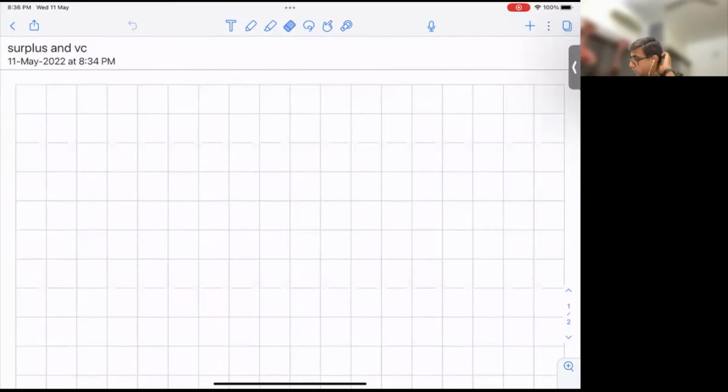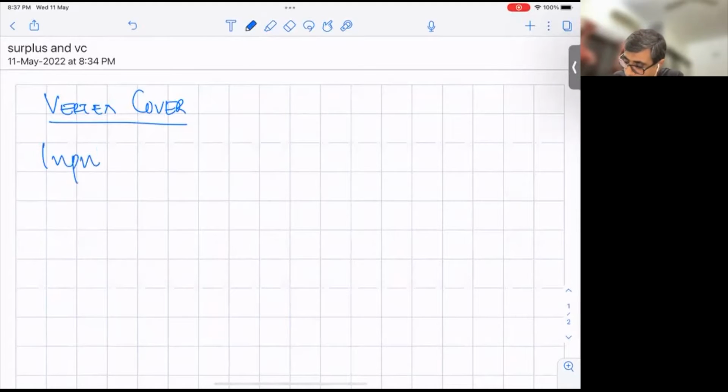Okay, so let's go back. It's been quite a long time. Last time we were talking about an algorithm for the following problem, Vertex Cover. The input was G, k.